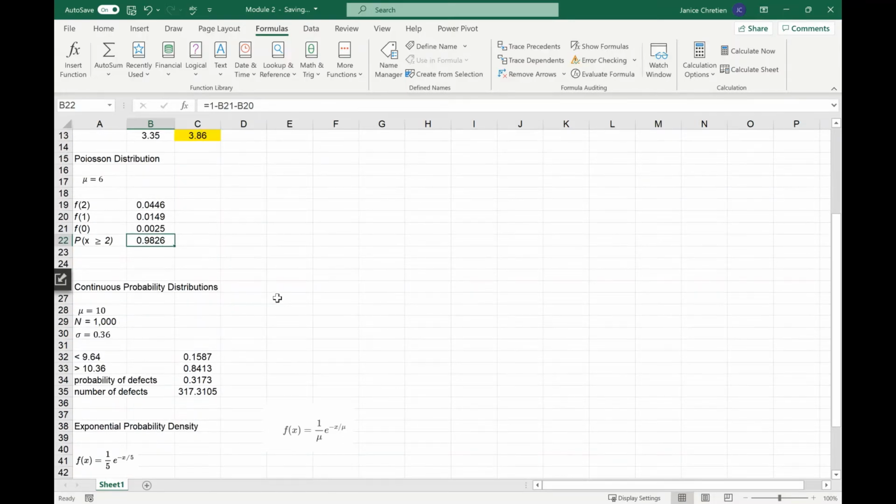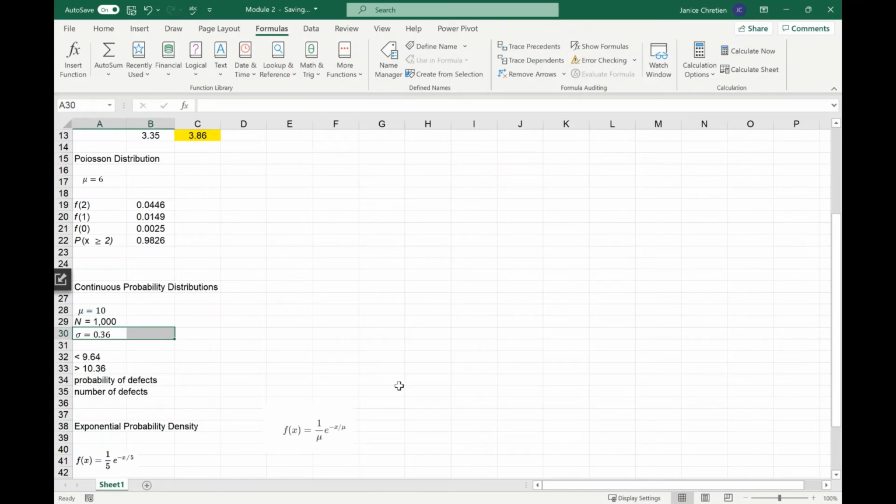You also read about continuous probability. I was given a question that said that a manufacturer manufactures 1,000 units with a mean weight of 10 ounces and a standard deviation of 0.36.